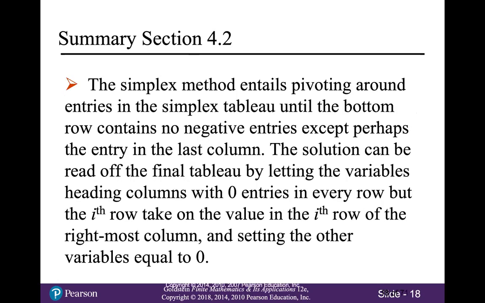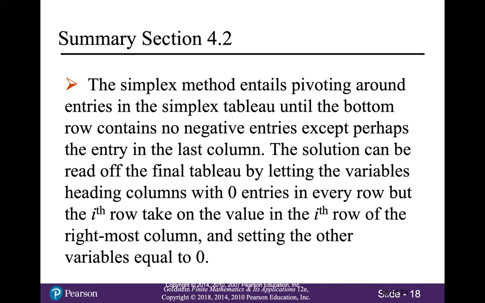All right, so the simplex method entails pivoting around entries in the simplex tableau until the bottom row contains no negative entries except perhaps the entry in the last column. And that won't even happen too often. Well, maybe in the next section it will.